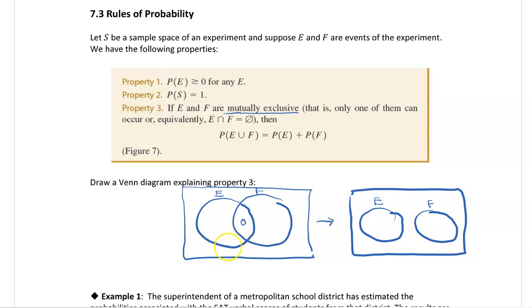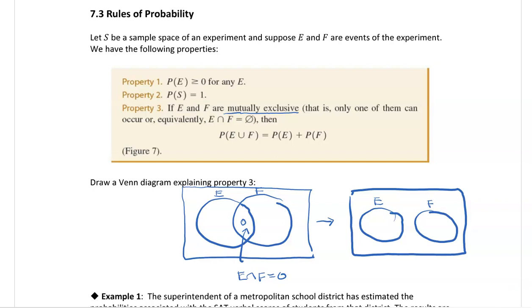For mutually exclusive events, the intersection is empty, so E intersection F equals 0, which means there's no possibility that E and F both happen. So it's a better way to draw it the second way.